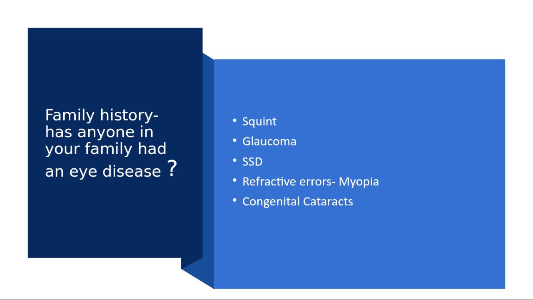Okay. Family history. We always have to ask, has anyone in your family had any eye disease, or have they ever gone blind? Quite frequently, patients might not know what the family member had, but they're able to tell you, well, my grandmother, my grandfather went blind.